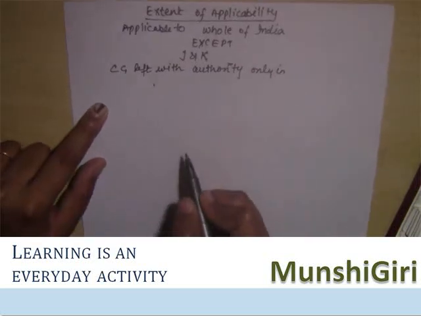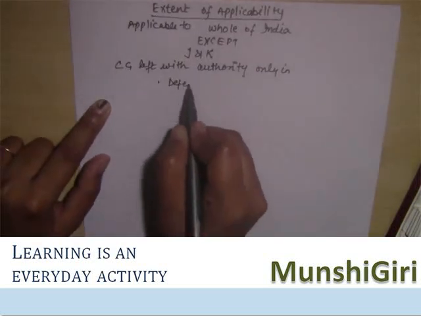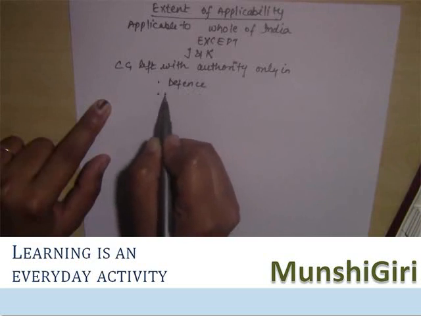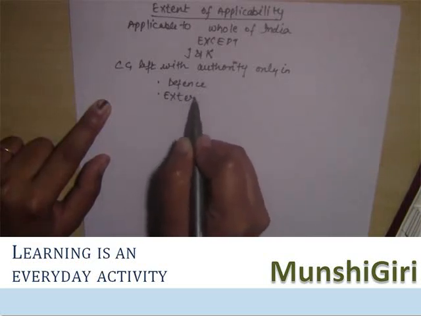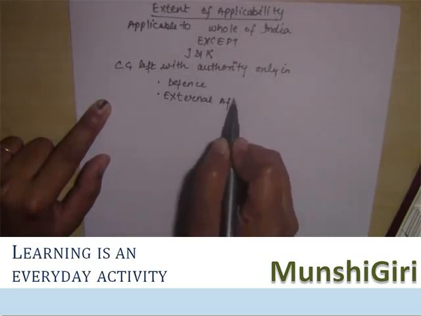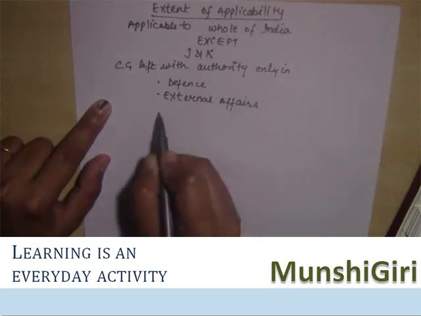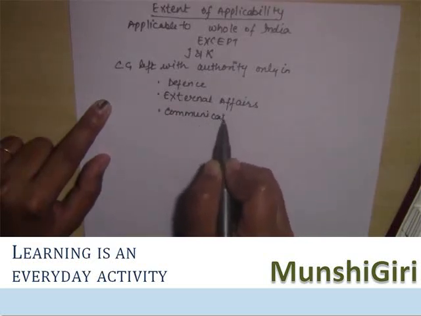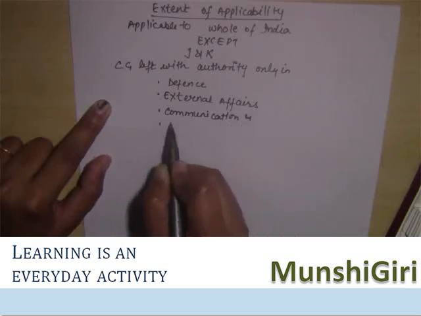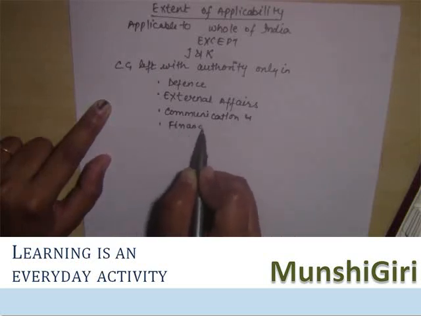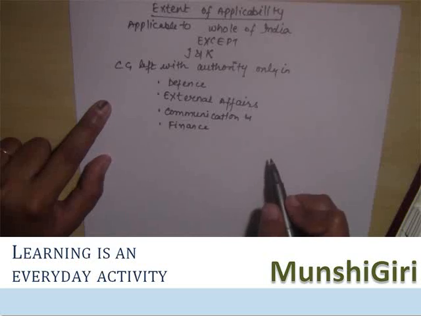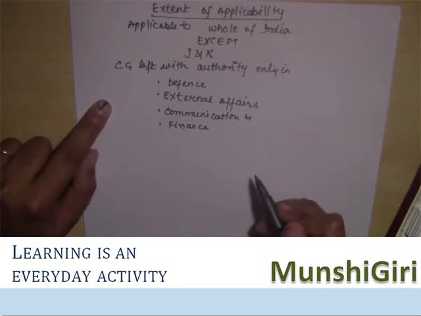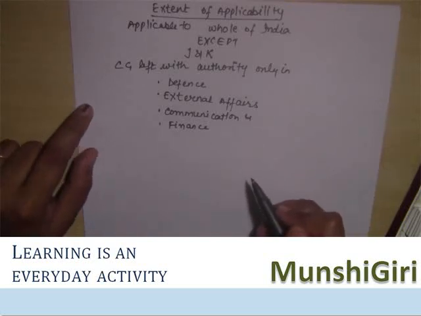And which were those matters? The first one was defense, then external affairs, communication and finance, which was specified in the Instrument of Accession. As a result, many laws functional in the rest of India do not extend to Jammu and Kashmir.